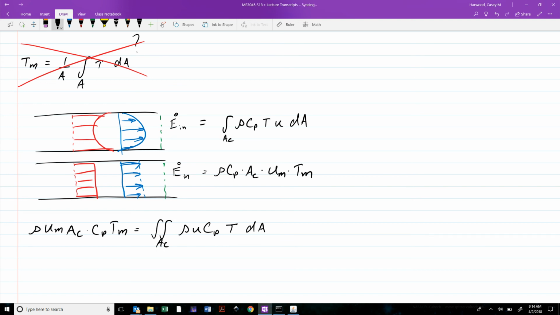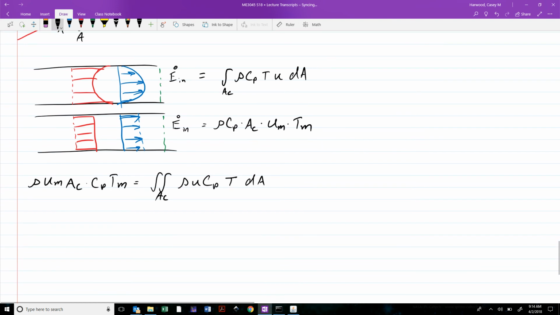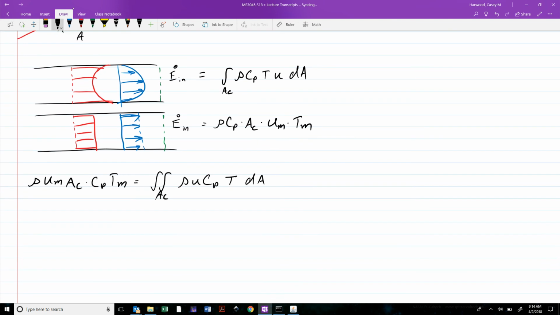If we're dealing with a circular pipe, once again, then this is going to work out to Tm is equal to 2 over Um R naught squared, integral from 0 to R naught of u(r) times T(r) dr.